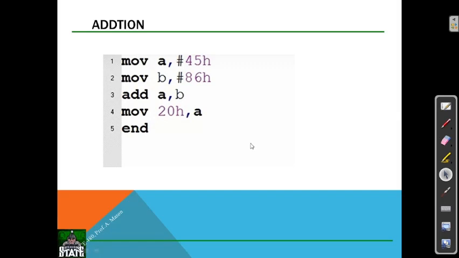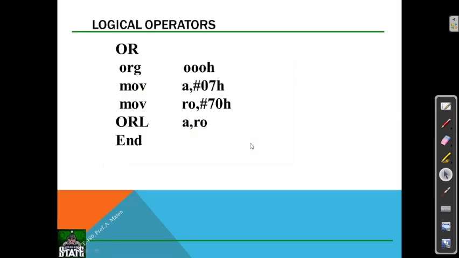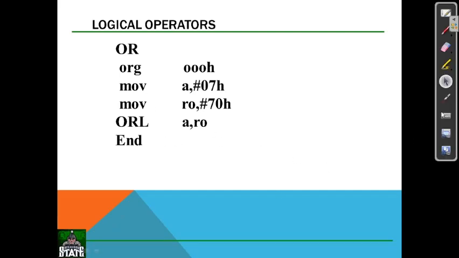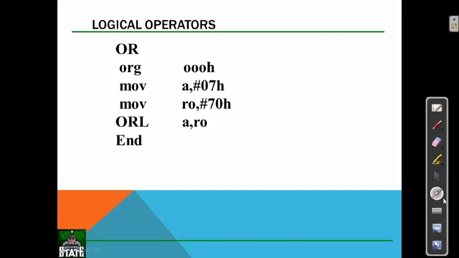Then we have a logical operator program. Here in the logical operator program we have the OR operation. What is the OR operation? As we know already, in OR, if any one of the inputs is high, the output is high.